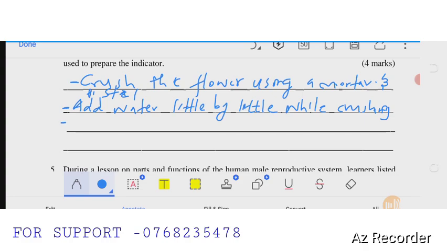After adding water little by little, filter the mixture of water and crushed flours.